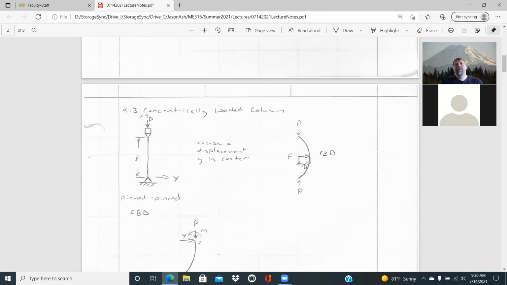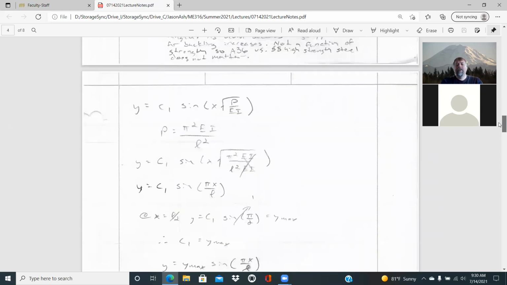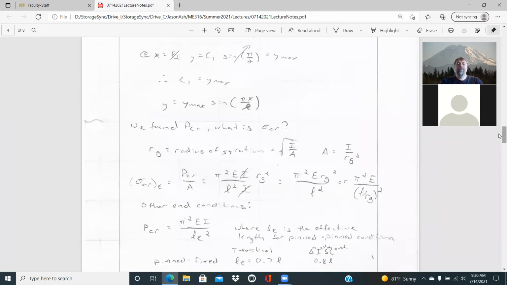It really depends on how much you perturb that away from the ideal vertical position, and so that's just kind of arbitrary. But once you perturb it to a given y max position, you would know y as a function of x along the entire length of the column.